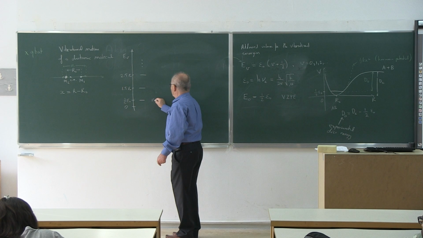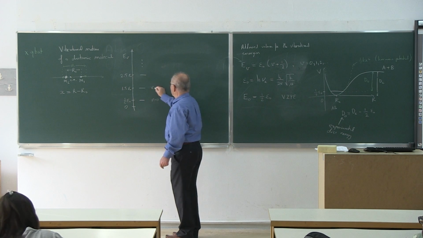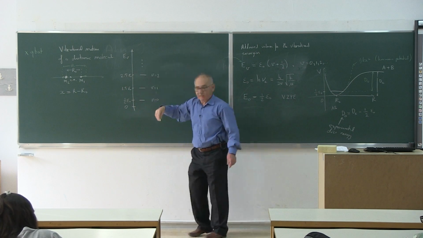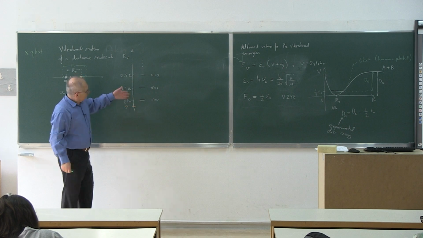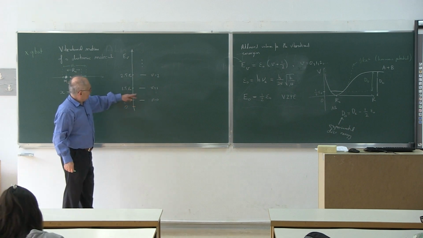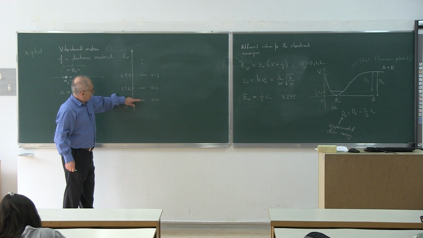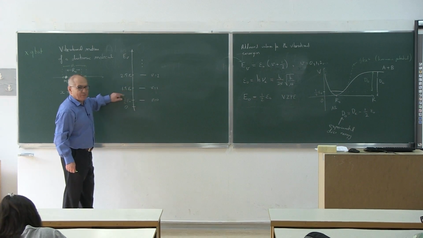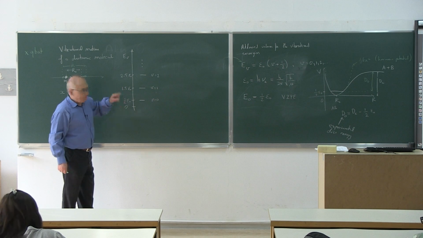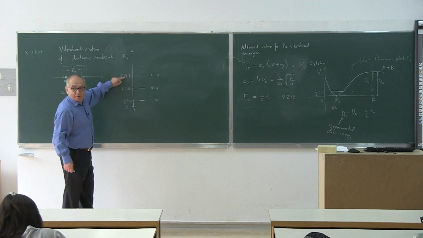This is V equals 0, this is V equals 1, this is V equals 2, and so on. So, we see the vibrational spacing from one level to the adjacent one. What is the difference between this value and that value? 1.5 minus 0.5, 1. The difference between that value, 2.5 minus 1.5, 1.